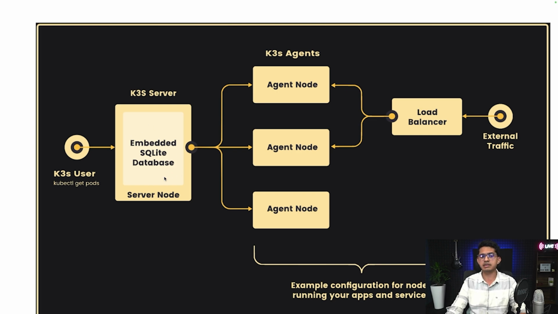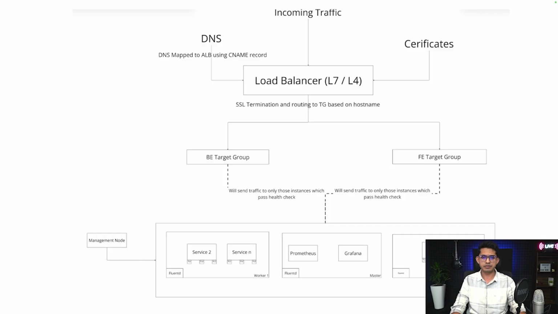The main K3s server has a SQLite database, and all the agent nodes and cluster information gets stored inside it. Whenever there is external traffic, it gets routed to a load balancer, and it's the duty of the load balancer to route the traffic to any agent node wherever the application is up and running. So it's very much similar to K8s, but it's lightweight.